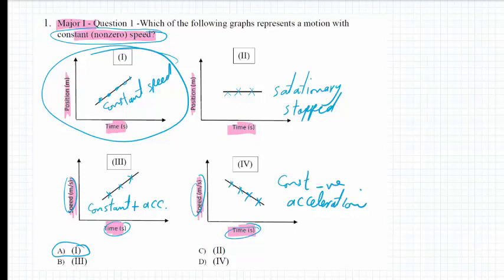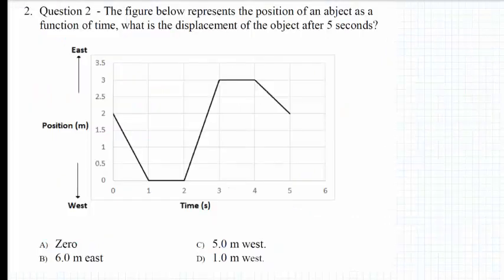This question: the figure below represents the position of an object as a function of time. What is the displacement of the object? So he's asking about the displacement of the object after 5 seconds. This is a position versus time graph.